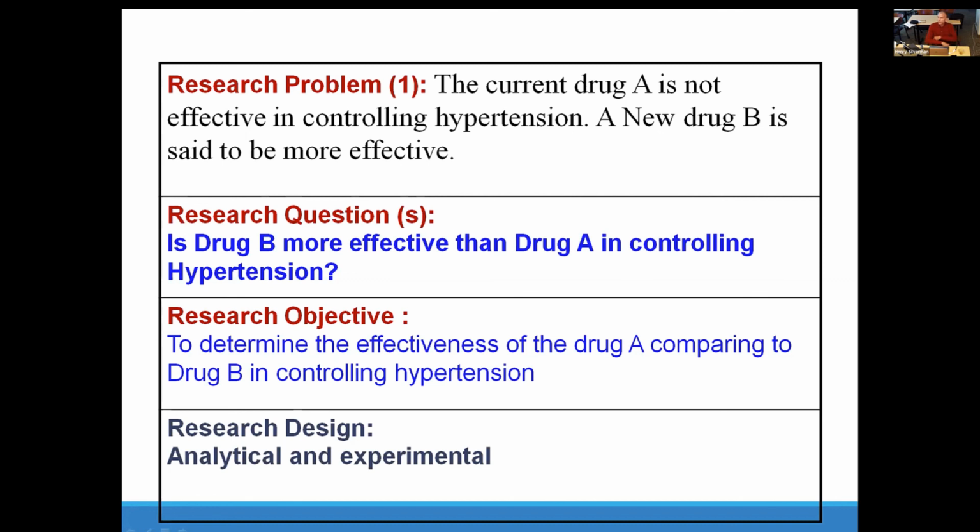So the issue is how generalizable this study is going to be to the study population. This is just a study looking at the physiologic effects of the drug, unless you also look at compliance.